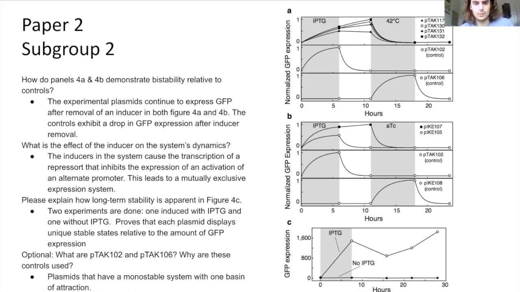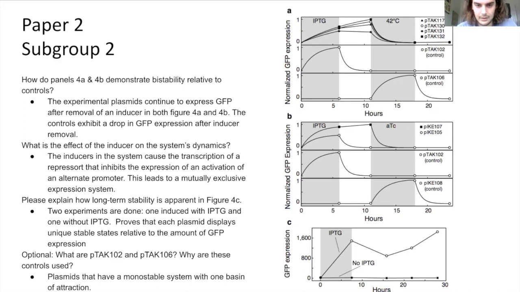And the second question was, what is the effect of the inducer on the system's dynamics? The inducer essentially plays the role of the switch between the two stable steady states. For the experimental plasmids, in this case, the inducer IPTG causes the system to be switched into what the authors refer to as the high state.